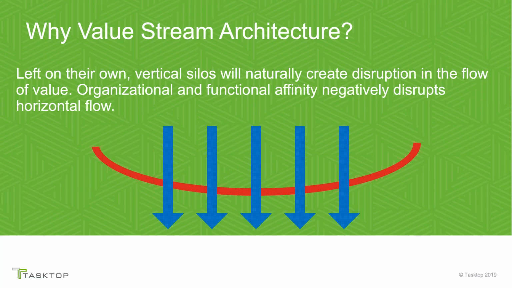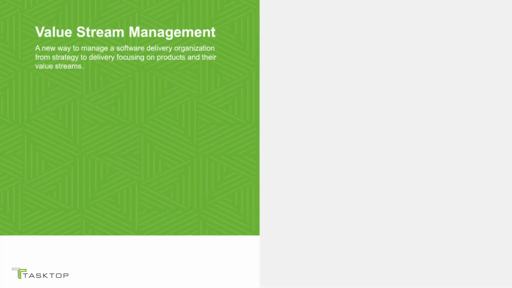So if you have different teams and different tools and different silos, you can't get a good flow across these tools unless everybody's working together. That's why you need to talk to your company about value stream architecture and doing an entire left to right thing.